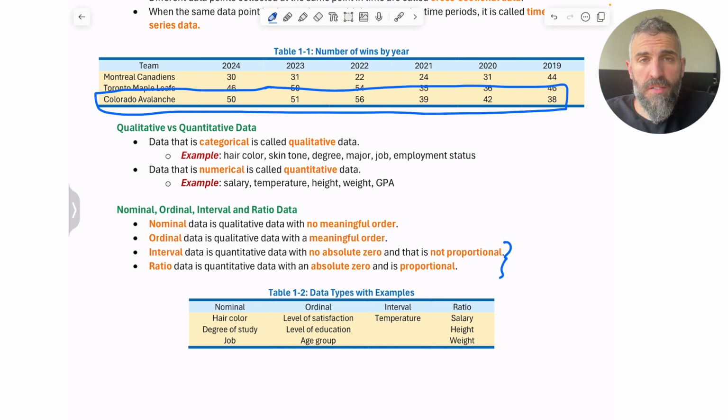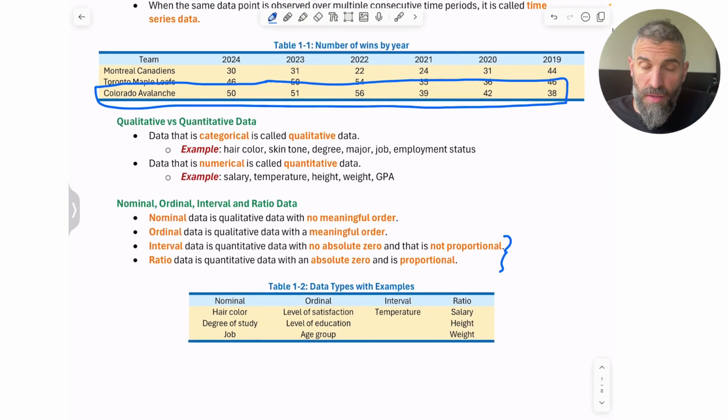You do have twice as much money as I do. You see the difference between asking you the temperature and how much money you have in your bank account in terms of this, what the zero means and whether or not it's proportional? That is ratio data, okay? So you have some more examples in this table that you can follow. Okay, I hope that was clear.